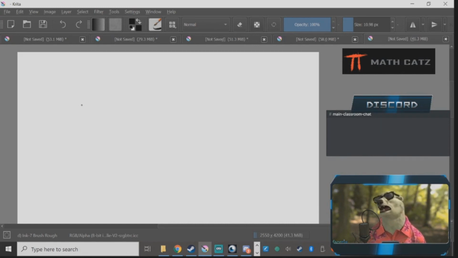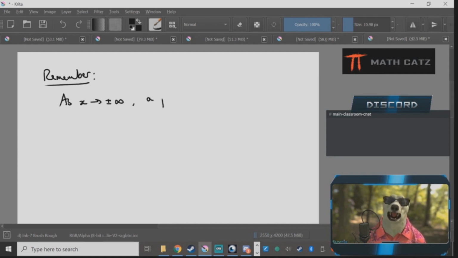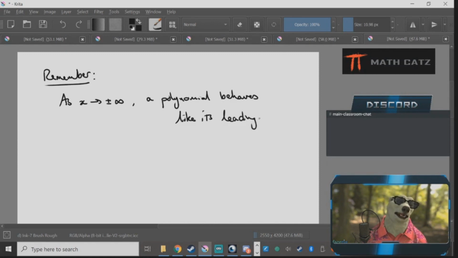But for polynomials, we could ask the general question of long-term behavior. So let's just remember, it was yesterday, but still remember. As x approaches plus or minus infinity, a polynomial behaves like its leading term.